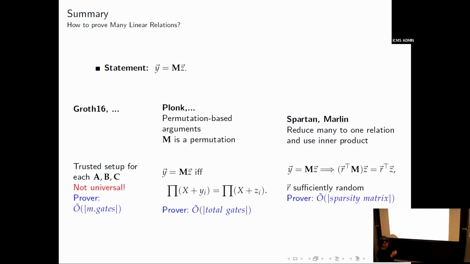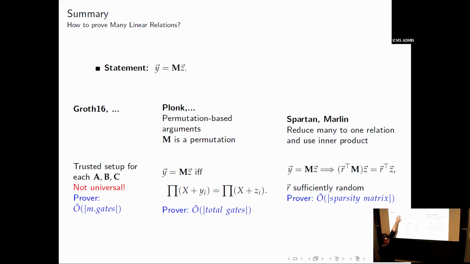For Plonk, I didn't have time to talk about it, but the point is that Plonk cannot really use R1CS. Why can Plonk not use R1CS? Because in R1CS, the matrices that you get are not permutations. So this is why Plonk first moved to another arithmetization. Actually, in the end it was great, because these other arithmetizations also show different ways of doing things.